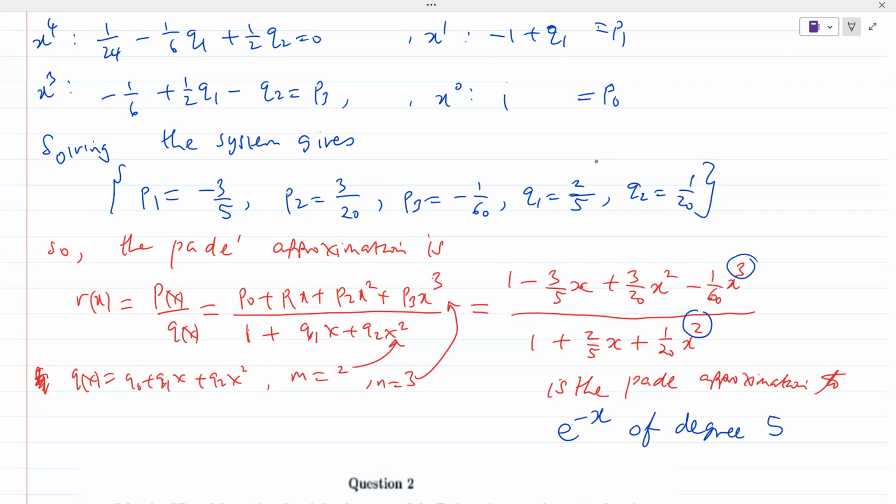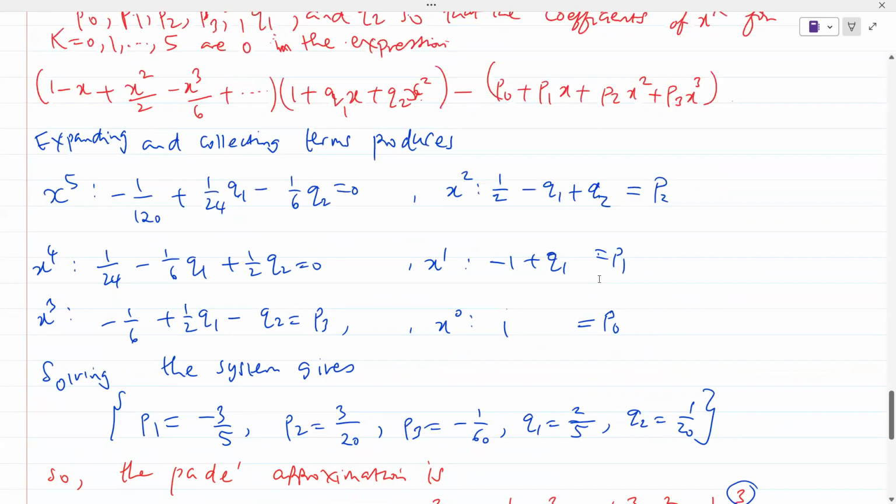I want to mention in passing that this Pade approximation has a bit of theory behind it. It can look strange a little bit, but it's very important to give a context to this.